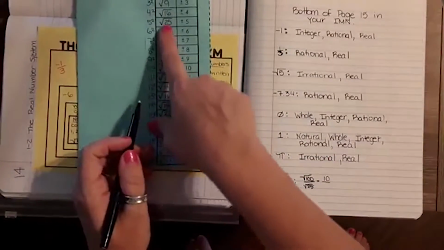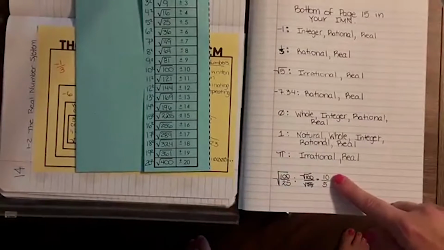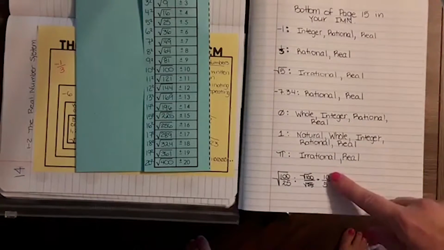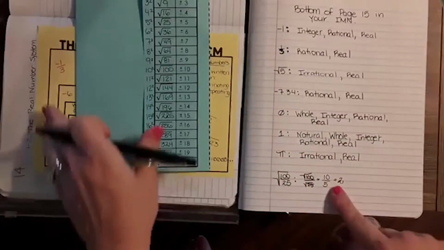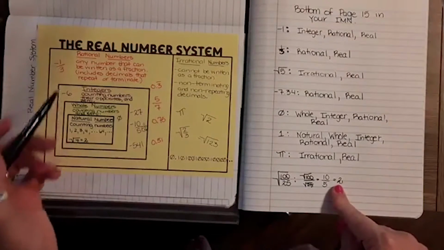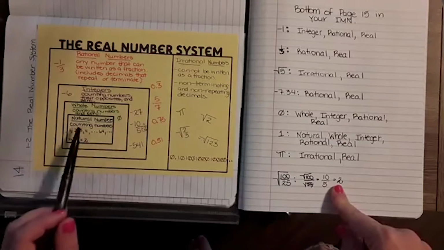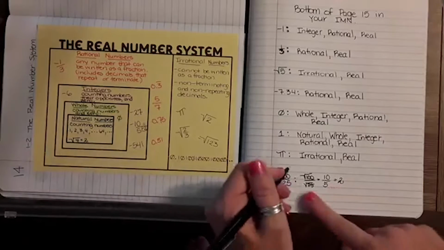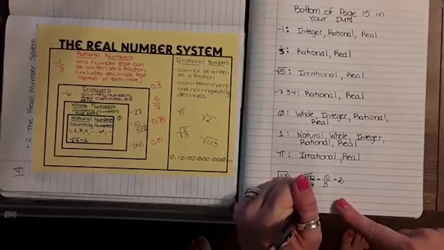The square root of 25, if I look, is 5. And then I'm looking, wow, this is an improper fraction. I wonder, can I solve? What is 10 divided by 5? It is 2. All right, so the number 2, where do I see the number 2 on my real number system Venn diagram? I can see that the number 2 is a counting number. So square root of 100 over 25 is natural.